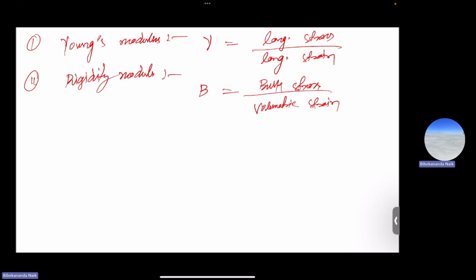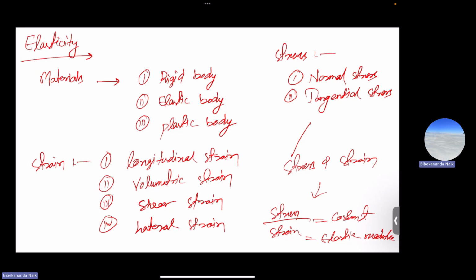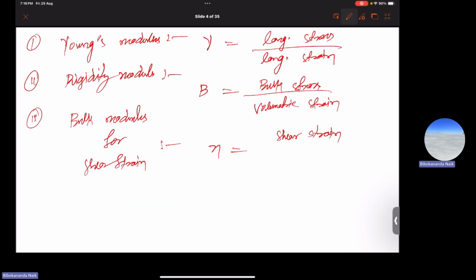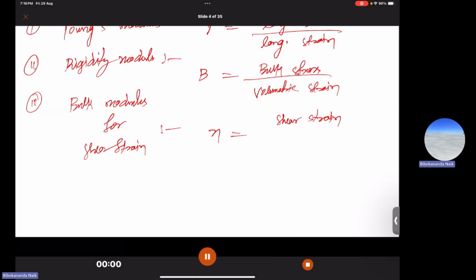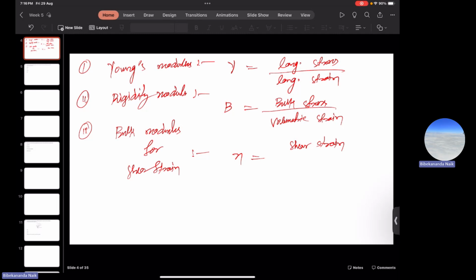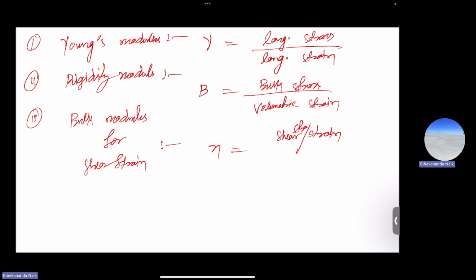Then another is the modulus of rigidity for shear strain, which is shear stress by shear strain.